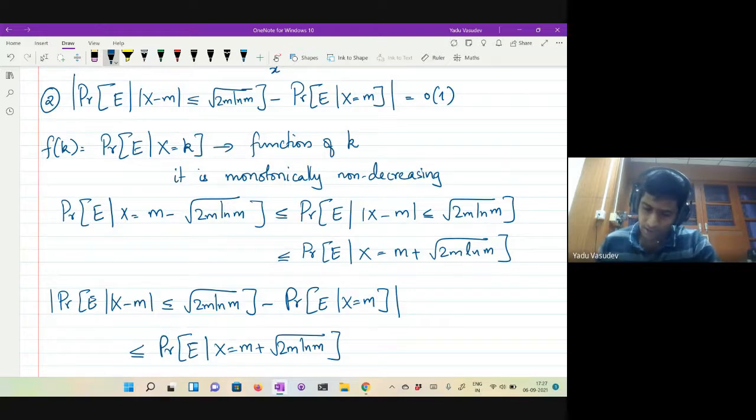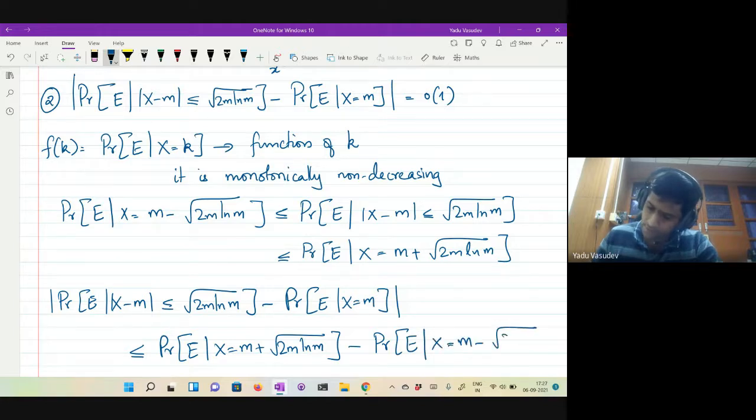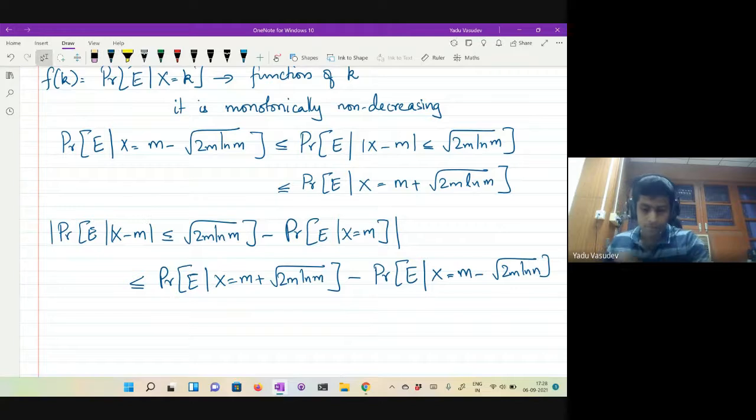Again, we use the monotonicity property of this probability to say that I can replace this by the probability of E given x is equal to m minus square root 2m ln m. I can give an upper bound this way.